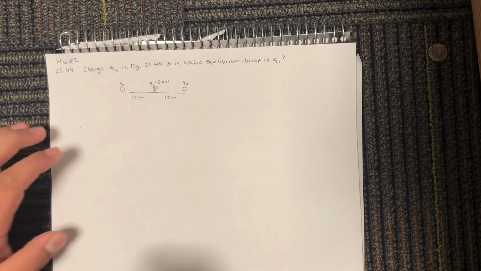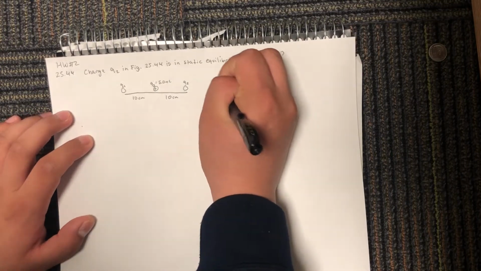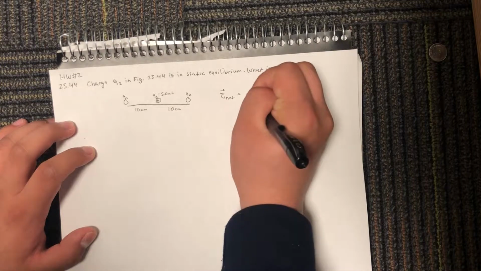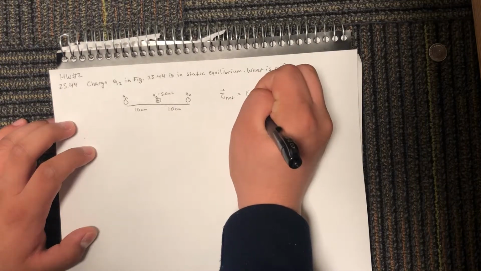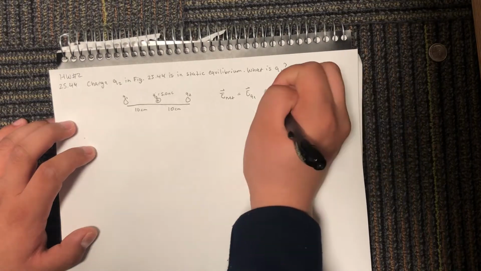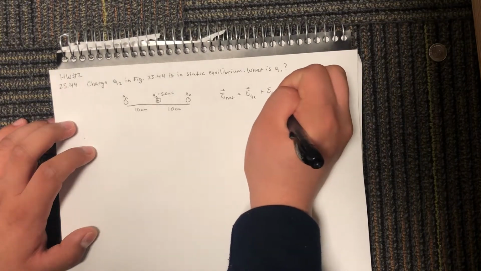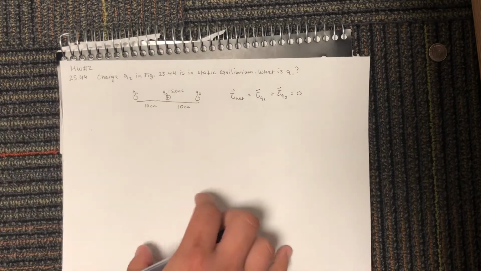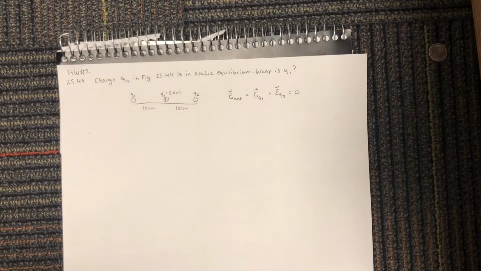So we can have an equation of the net electric field at Q2, which is equal to the electric field of all charges acting upon Q2, which is the electric field of Q1 plus the electric field of Q3. So the sum of that will be 0.